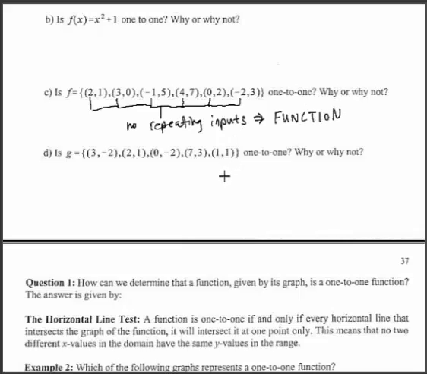Okay, so now that we know it's a function, is it one to one? Well, we simply look at the outputs. Do they repeat? We have 1, 0, 5, 7, 2, and 3.